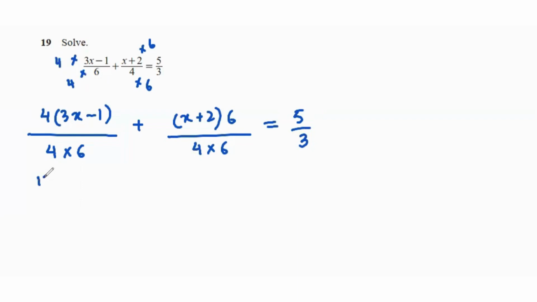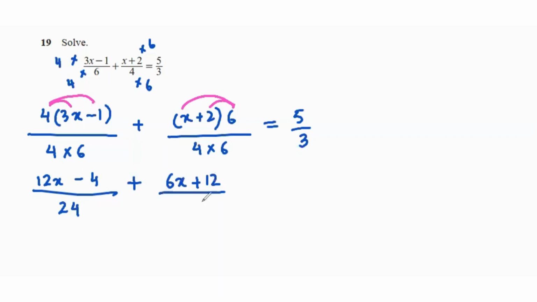4 times 3x is 12x. 4 times negative 1 is negative 4. Basically, we're multiplying 4 with both the terms inside the bracket. Same with 6 with both the terms inside the bracket. Divided by 24 plus 6x plus 12 over 24 equals 5 over 3.